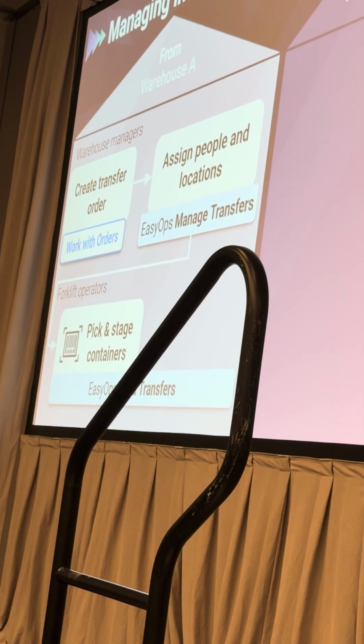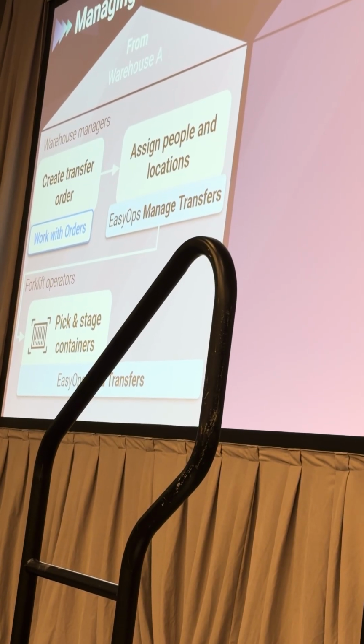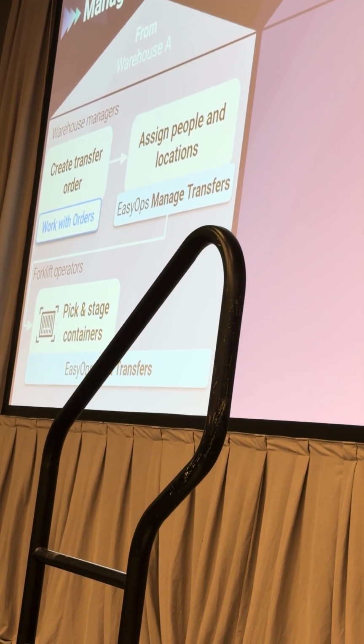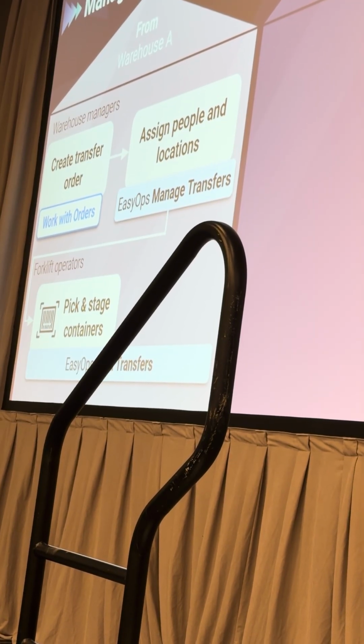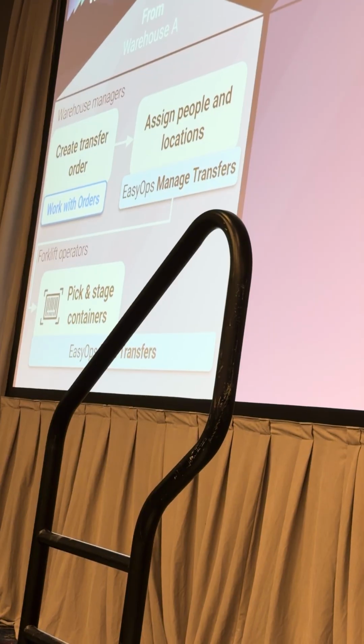Those forklift operators using EasyOps then go around and gather the pallets. They'll have a task-based list that says, go here and grab this pallet, which is the oldest code date, and bring it over here. So they're gathering these pallets and putting them on the truck.